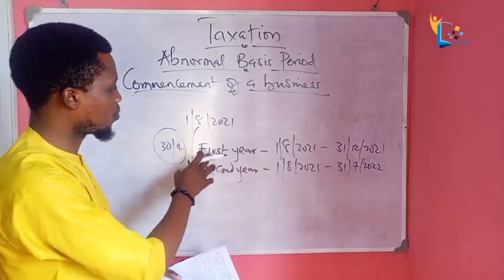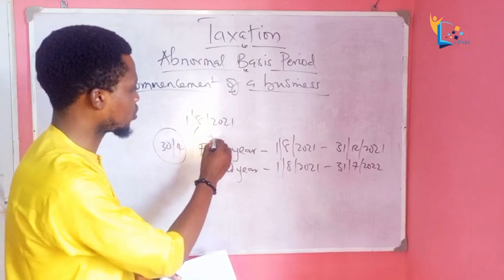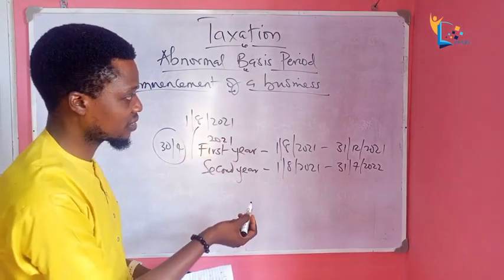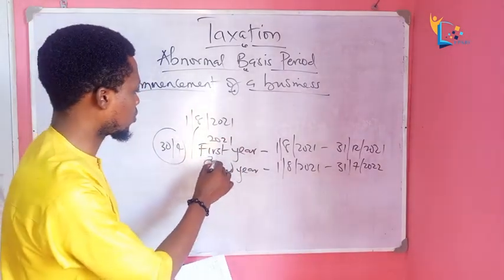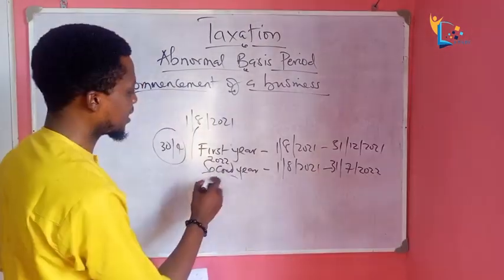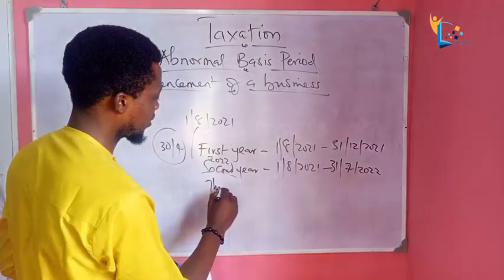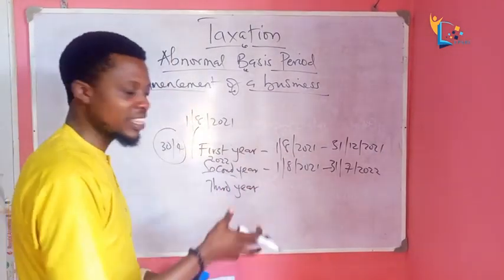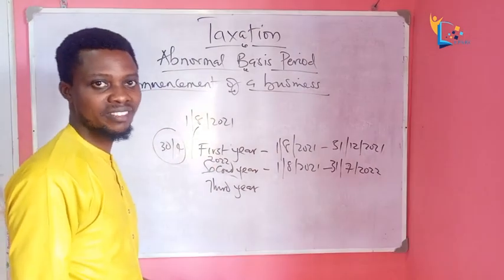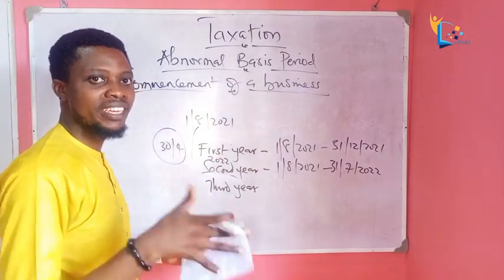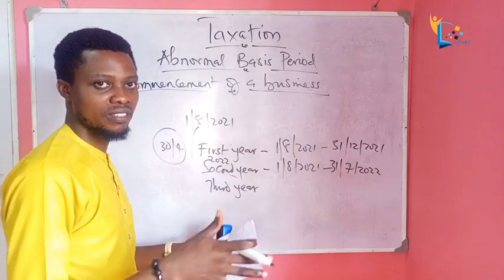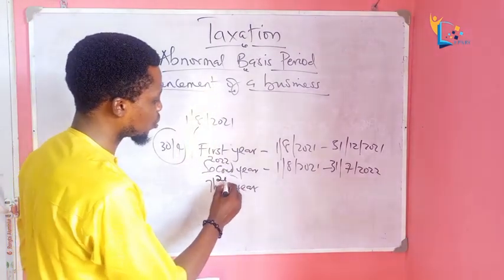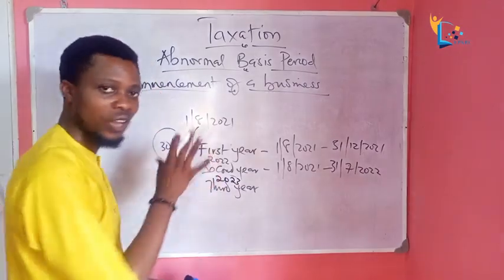For the first year, let's say this is 2021, for instance, and this is 2022. Then the third year will be on the preceding year basis. The preceding year basis is the year before the current year of assessment. That's why I gave an illustration. If the third year is 2023, for instance, we are going to look at an example.